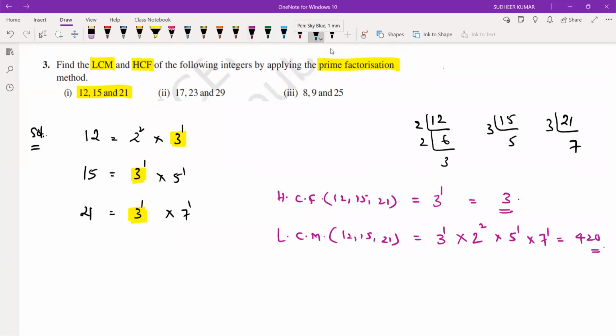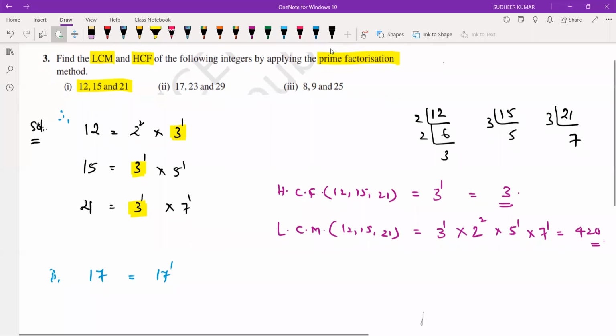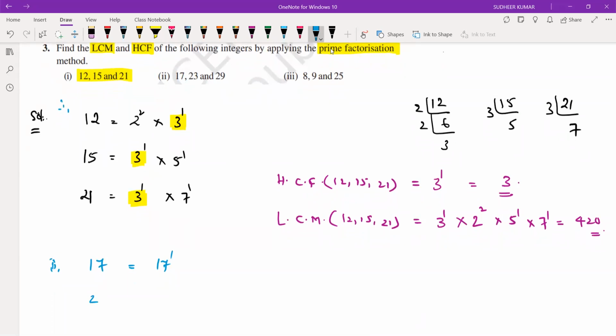Let us take the second one. The numbers are 17, which is a prime number, 23 power 1, and 29 power 1.